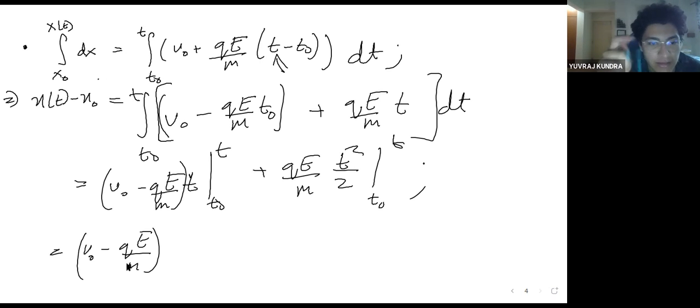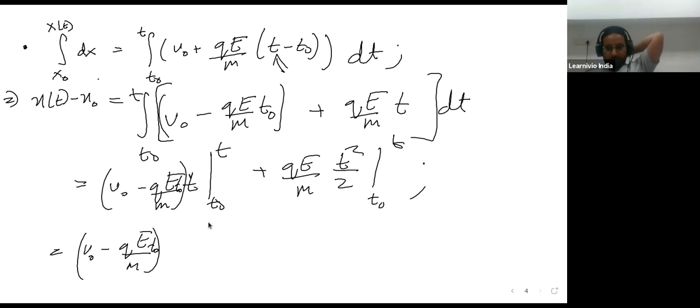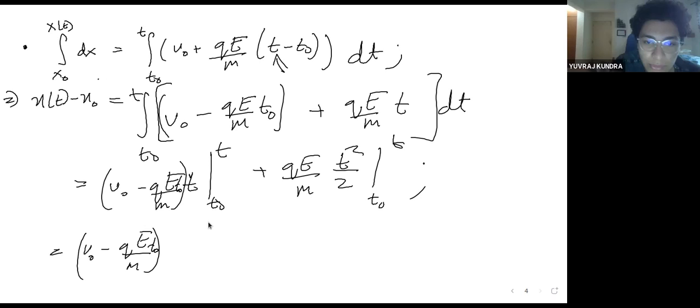So what we did was we collected the terms that were constant, like v naught and qE over m times t naught, and then we added the qE over m times t term, and then we took the integral of any constant.